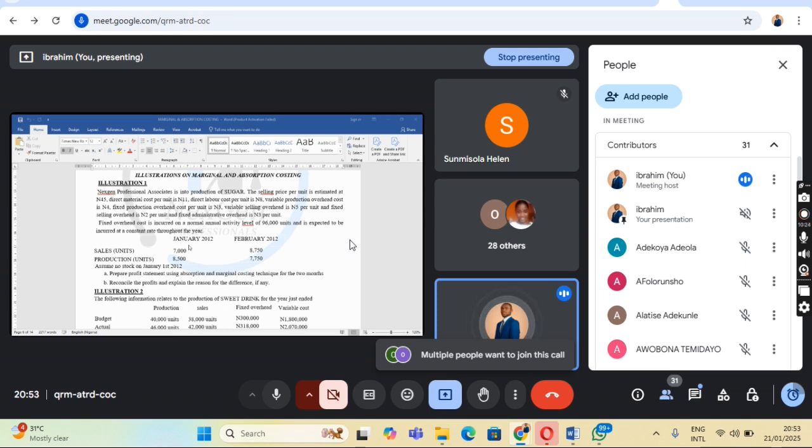We will not make use of all these things until we get to absorption costing, where we need to make use of this fixed overhead cost. They attribute fixed overhead cost to a particular number of units, which is 96,000 units.